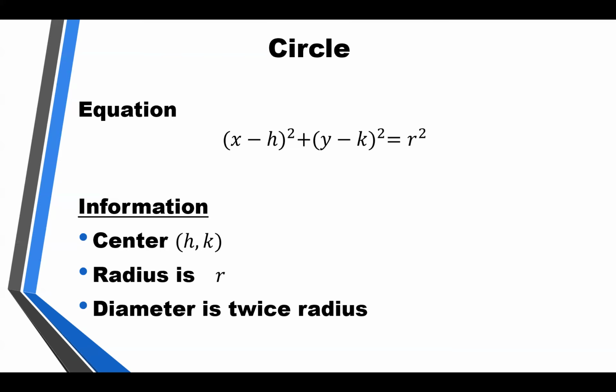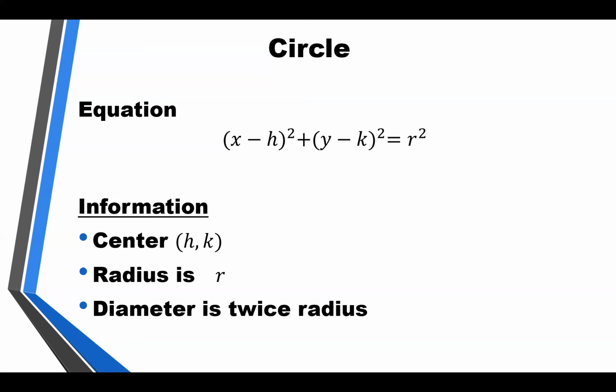If we're drawing a conic section in the standard XY plane in 2 dimensions, a circle can always be written having equation (x - h)² + (y - k)² = r². (h, k) as a point is going to be the center of our circle. r is going to be the radius of the circle.